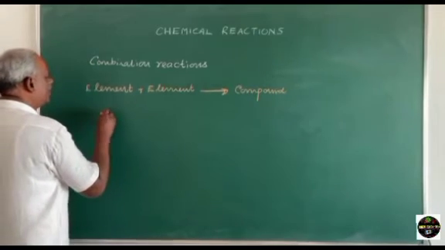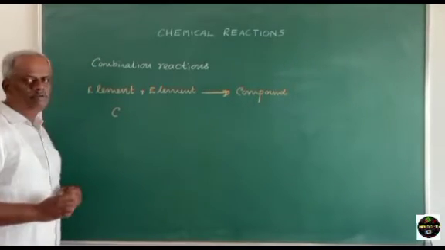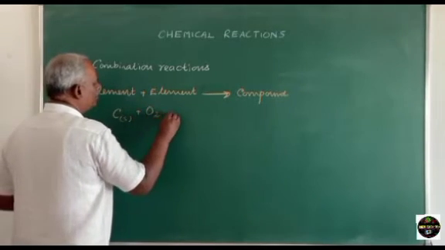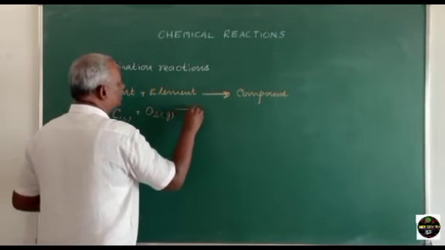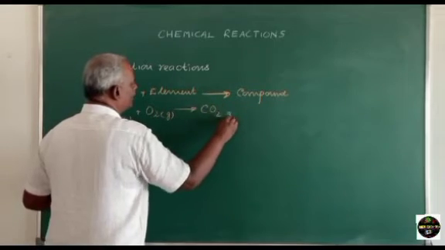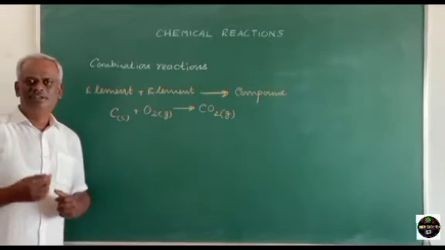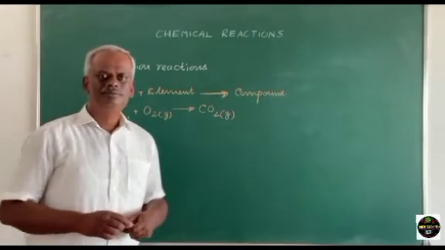For example, burning of coal: the carbon, which is in the form of solid, can combine with oxygen in the form of gas to form carbon dioxide gas. So it's a simple example of a combination reaction. Combustion of coal.